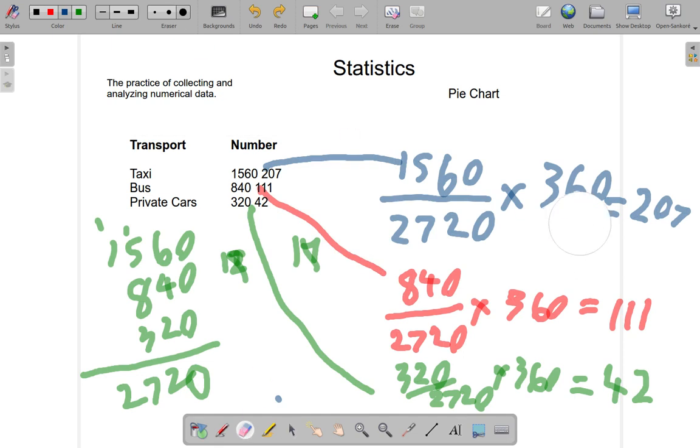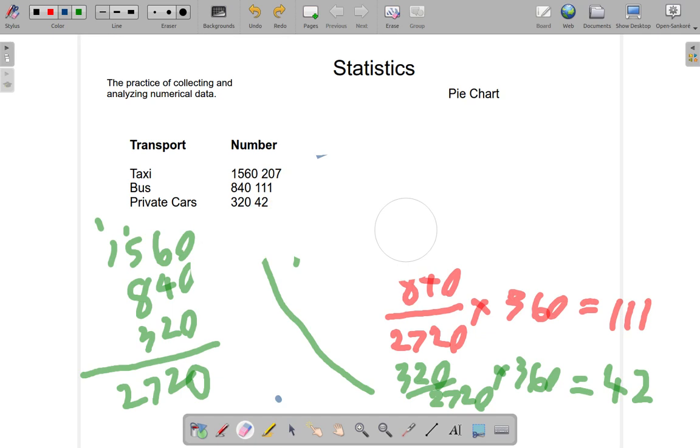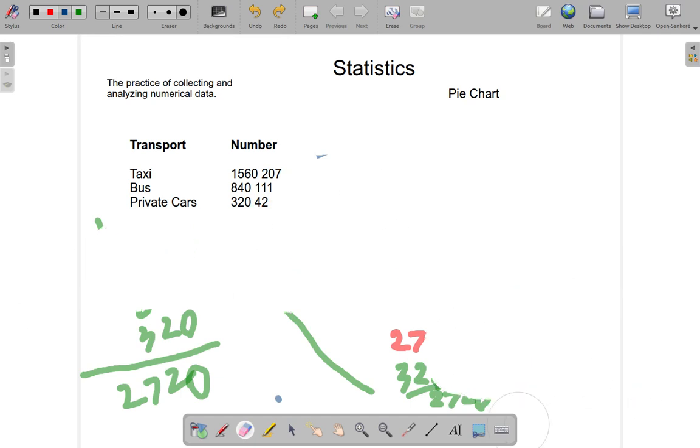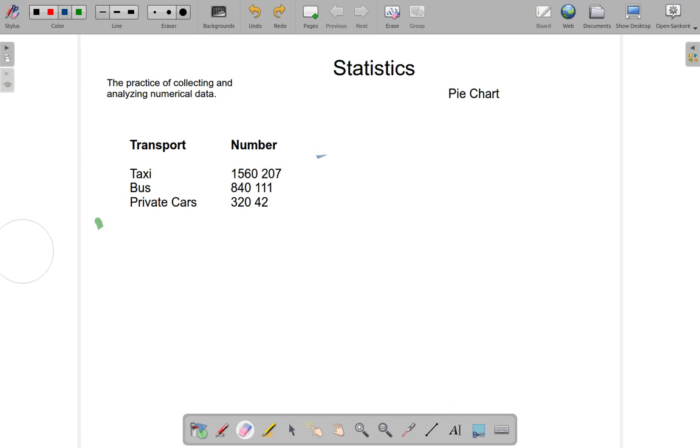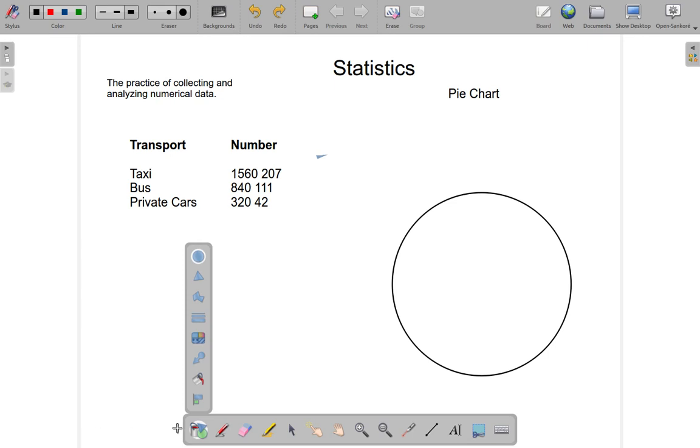Now, let's erase some of these to make some space. And then we look at our so-called pie chart. To make our pie chart, I need a circle. Alright, that's my circle, good circle. Then I use my protractor. You can use a protractor to get these angles. I'm just going to estimate right now. This is the center of the circle, 180 something.